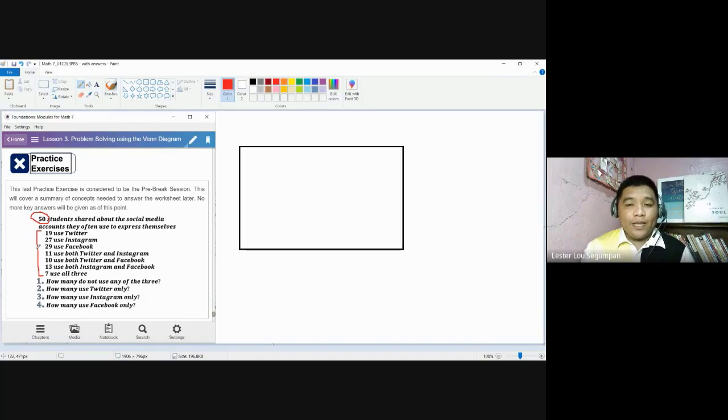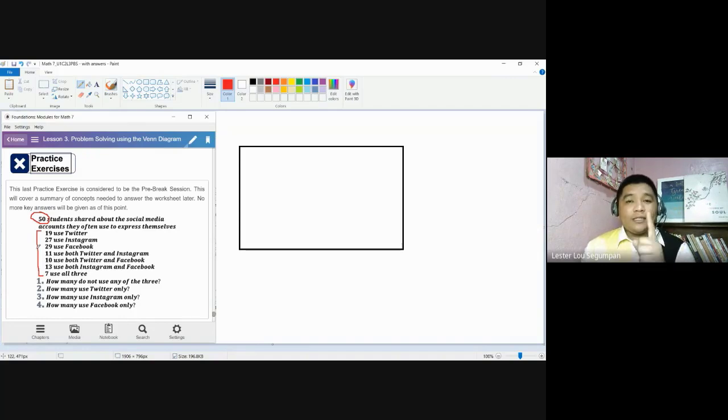media platform. Say, for example, if you yourself are using Twitter, Instagram, and Facebook, you are counted to the group who answered Twitter. You're also counted to the group who answered Facebook, and you're also counted to the group who answered Instagram.